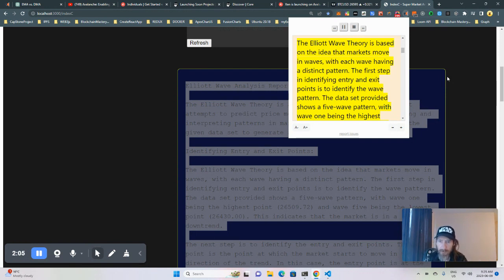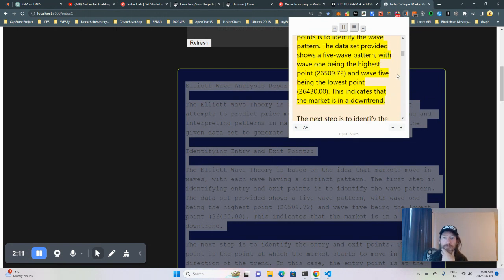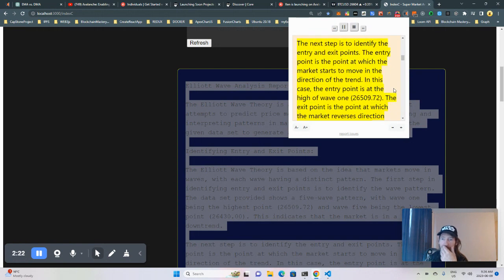The data set provided shows a 5-wave pattern, with wave 1 being the highest point, 26,509.72, and wave 5 being the lowest point, 26,430.00. This indicates that the market is in a downtrend. The next step is to identify the entry and exit points. The entry point is the point at which the market starts to move in the direction of the trend.